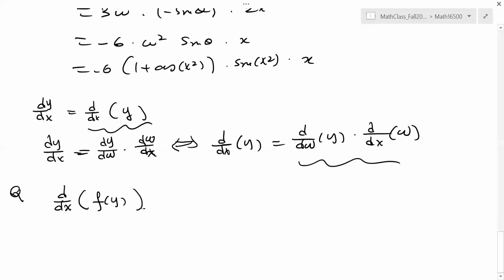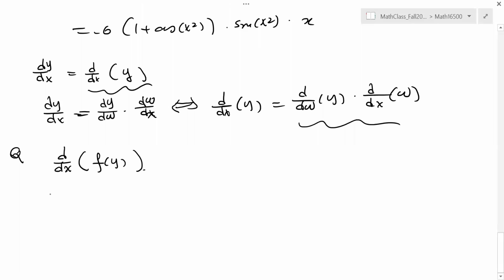So the variable y is inside, it's not x. Actually, y depends on x, but the dependency is hidden. y depends on x. So how can I express this?